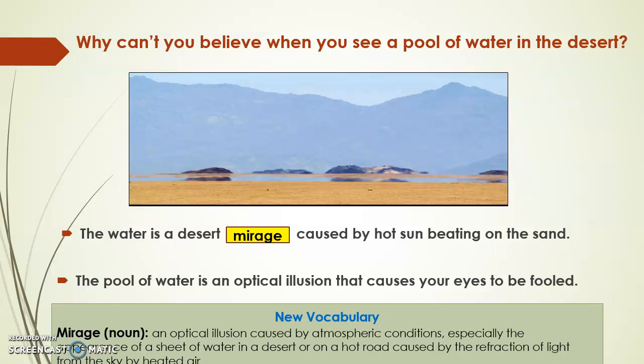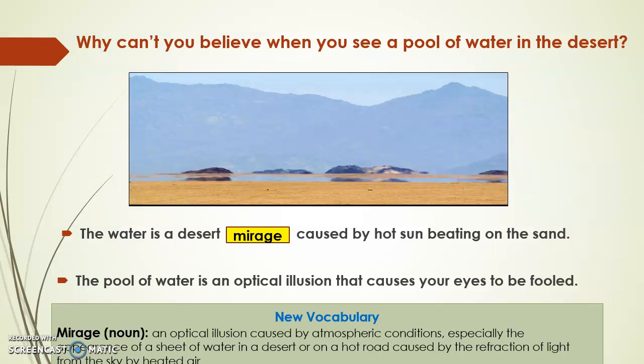Optical illusion is something that we see that is not true or not even there. We see it because of the atmospheric conditions, the heat. Correct? So the heat causes us to have an optical illusion to see water in the desert which is not actually there.